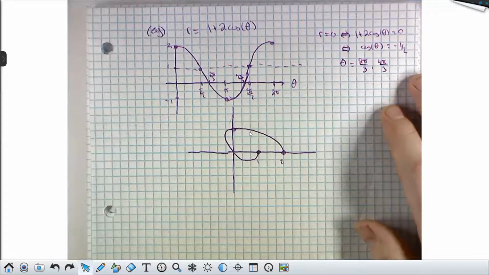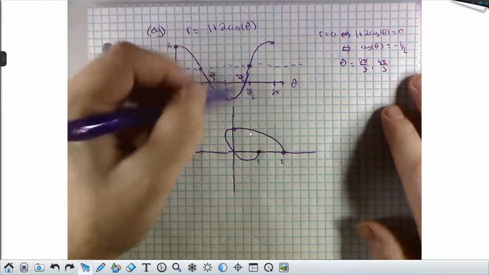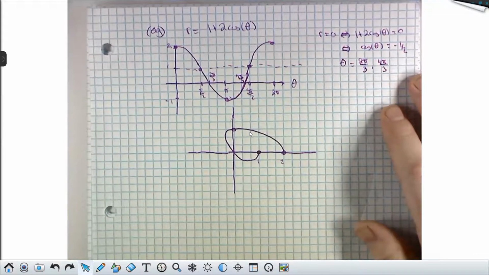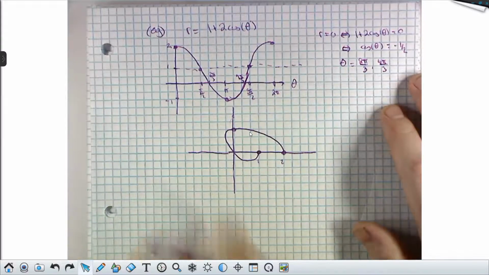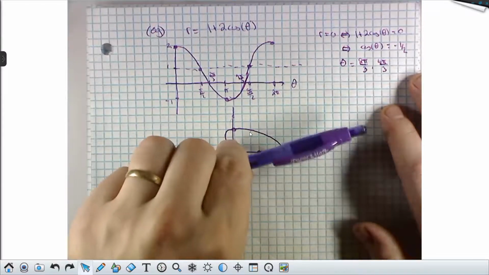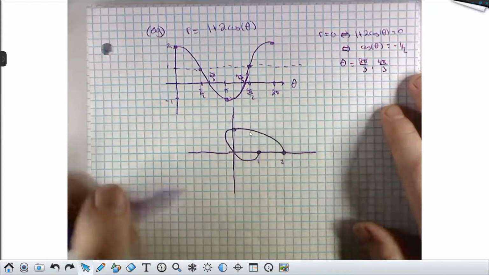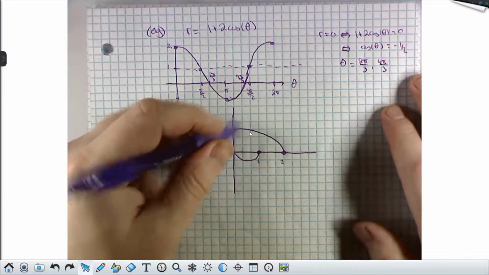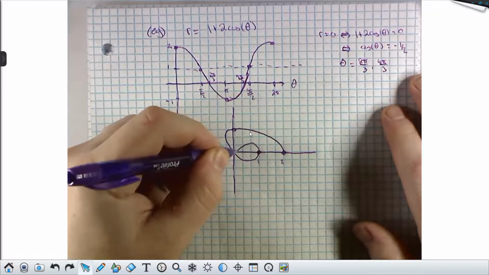So far we have this. You might notice that there's a lot of symmetry to this graph. So you can expect that this will finish up in a symmetrical way, and it does. But beyond that, you can just follow the points like we've been doing. If you continue to rotate a little bit, you see that r starts coming in from negative 1 back towards 0. And by the time we get to 4 pi over 3, which would be like here, we're back into 0. So I'm going to come back in like this.